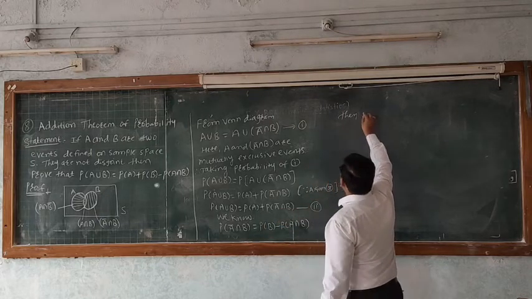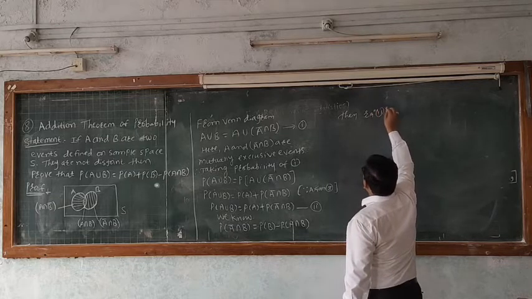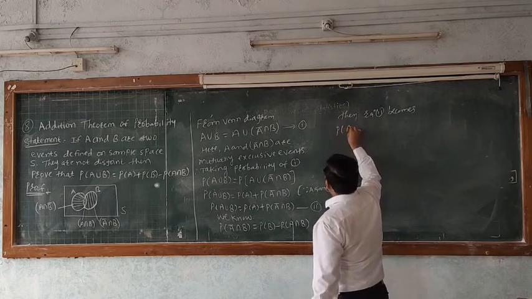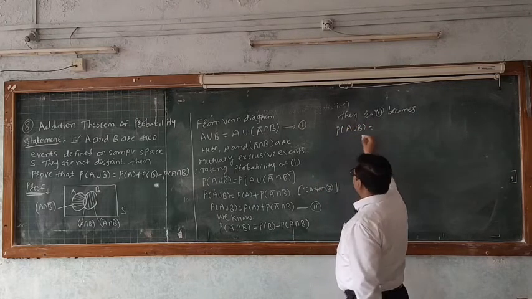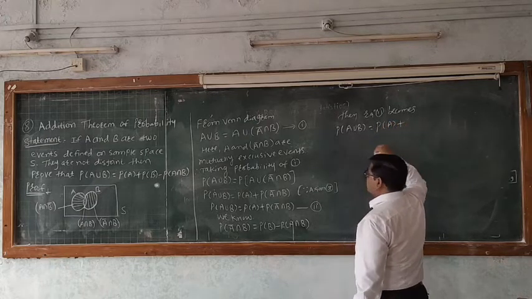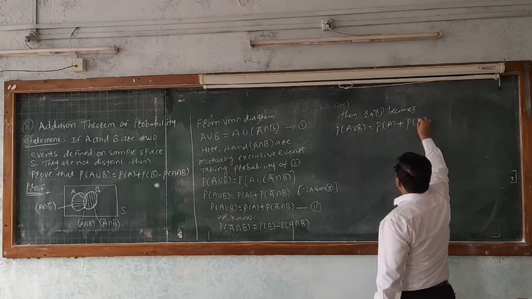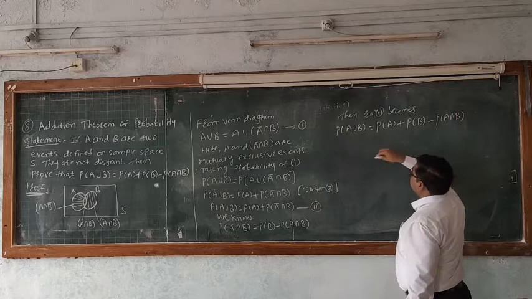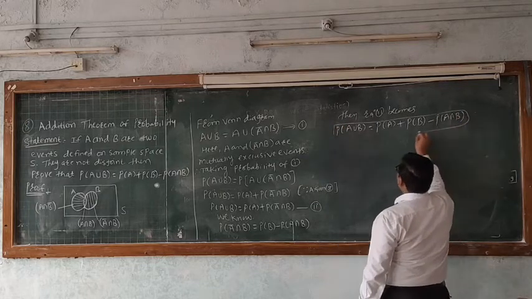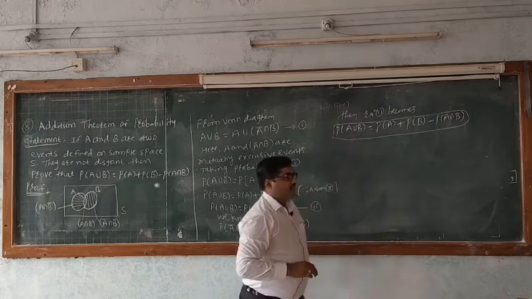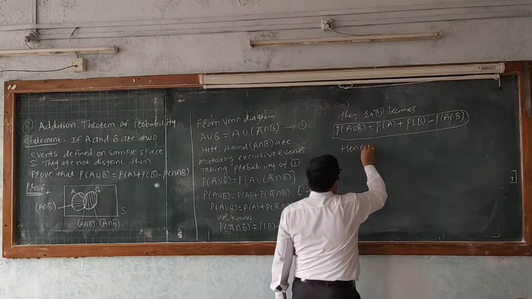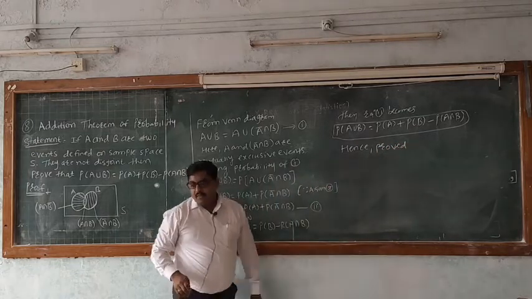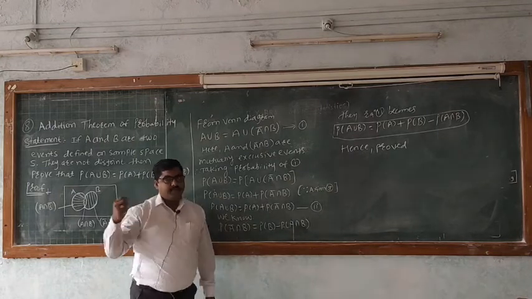Then equation 2 becomes probability of A union B equal to P of A plus P of B minus probability of A intersection B. This we want to prove, right? This is a very simple theorem, hence proved. This is the addition theorem.